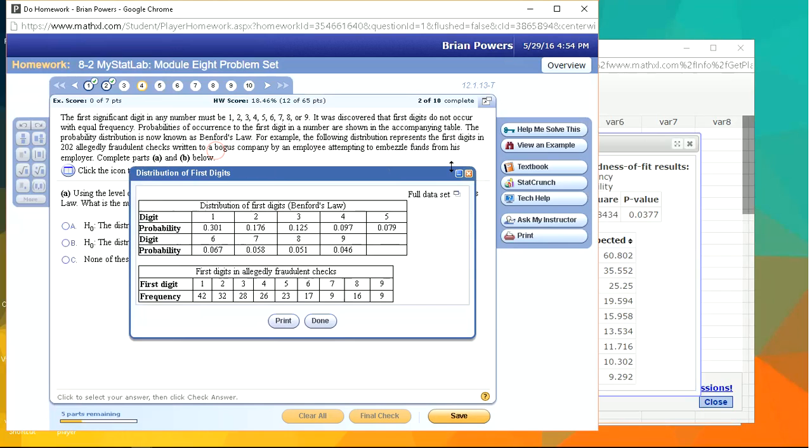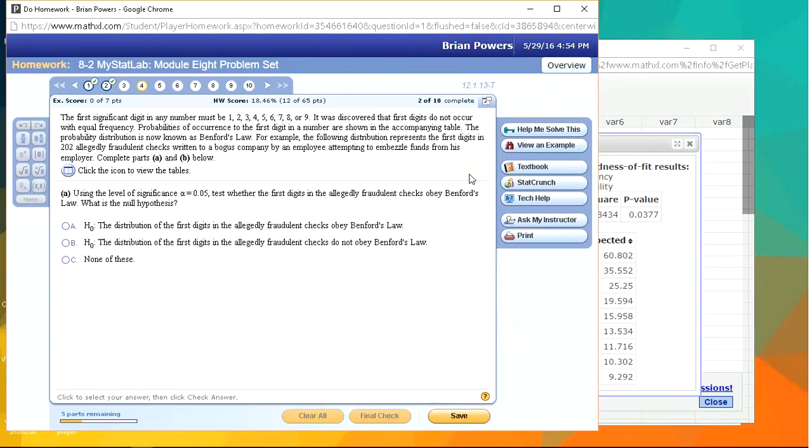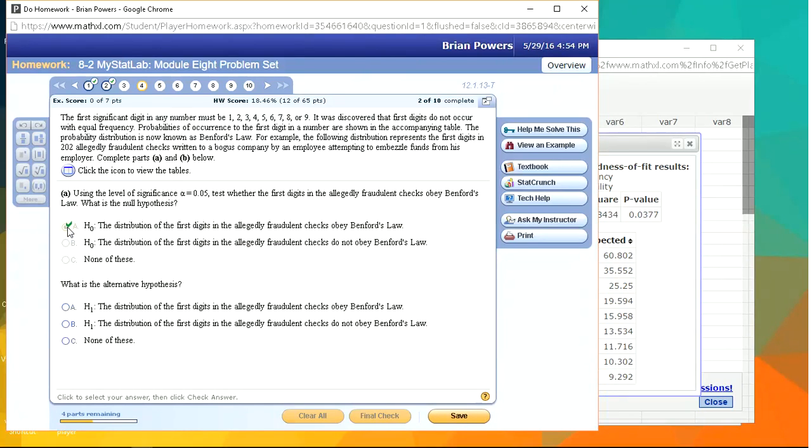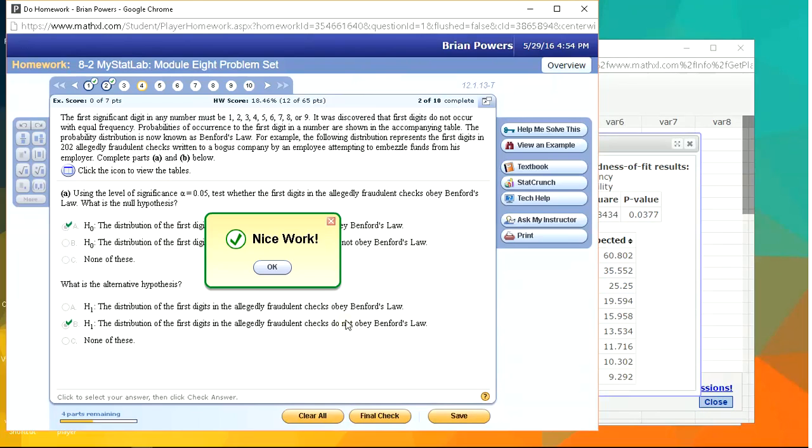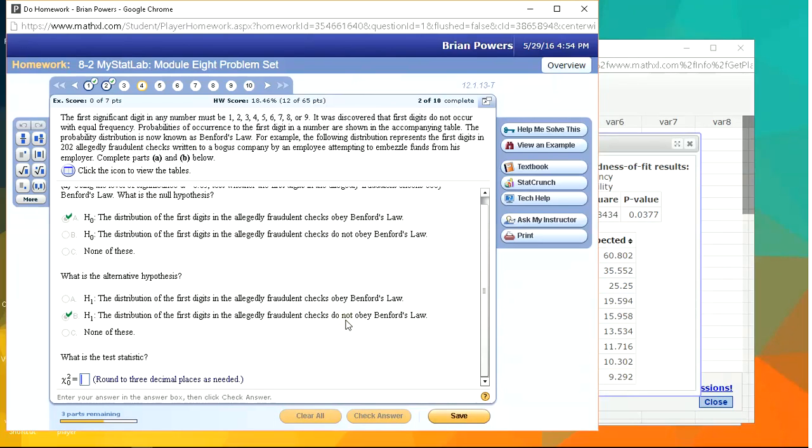So let's go back to this problem. The null hypothesis is that there's no fraud going on, so that the distribution of the first digit should obey Benford's law. That's the null hypothesis, that this distribution applies. The alternative is that it doesn't obey Benford's law, that there's some other distribution.